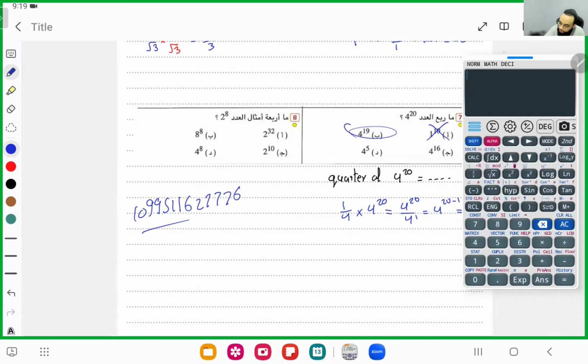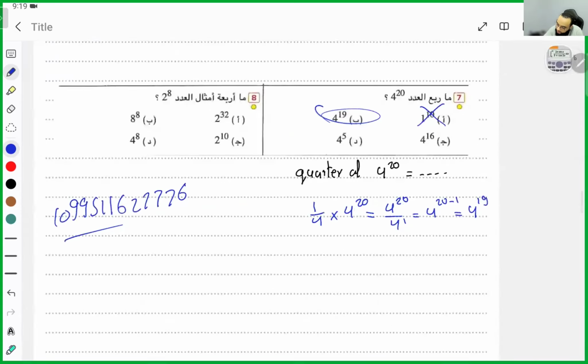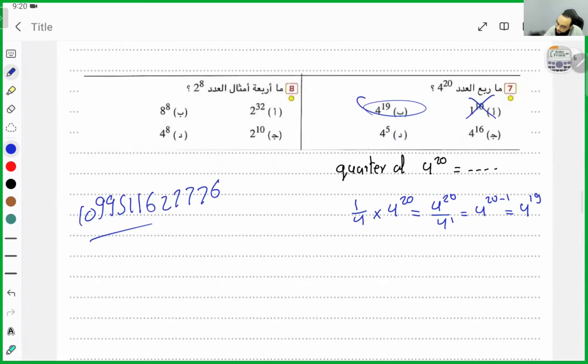I think there is a problem with the calculator. It's correct, 4 power of 20 divided by 4 is going to be 4 power of 19. Doesn't matter, but with my calculator, I think it doesn't work. Check in your calculator. Write 4 power of 19 on the calculator.